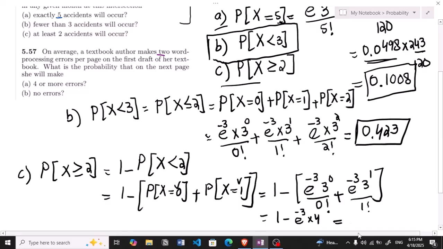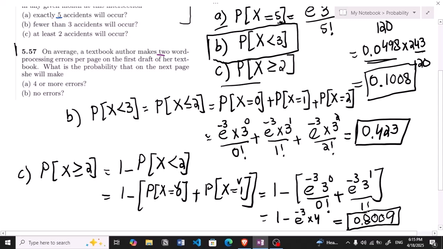So ultimately the answer of it would be 0.8009. That is basically the solution for part C of my question. So this is basically the solution for question 5.56.